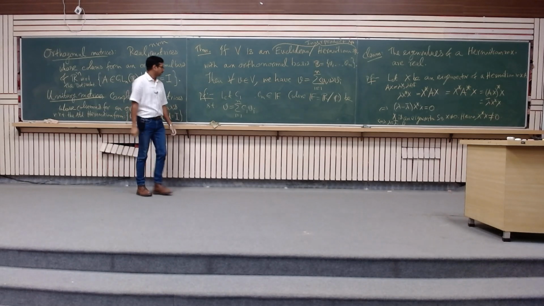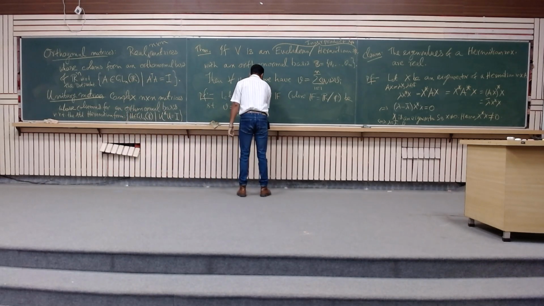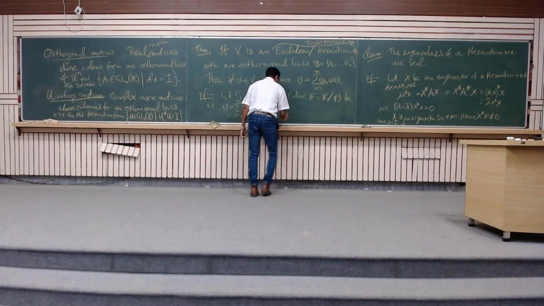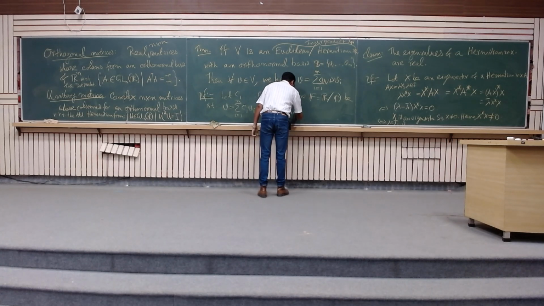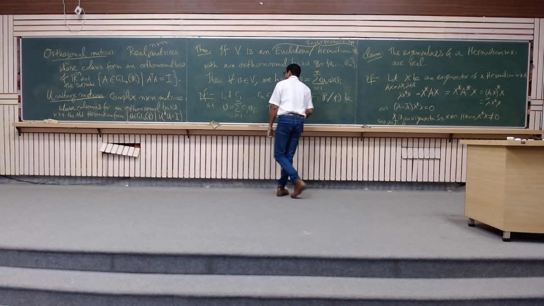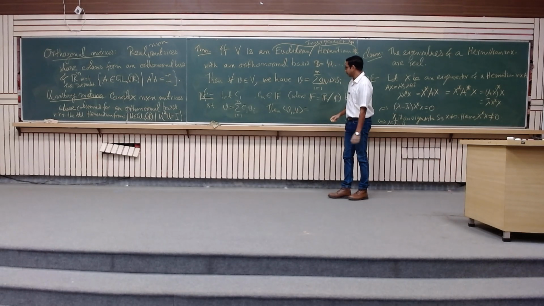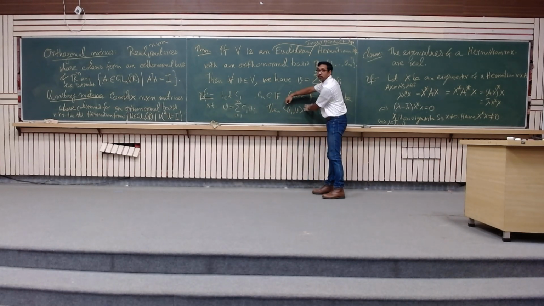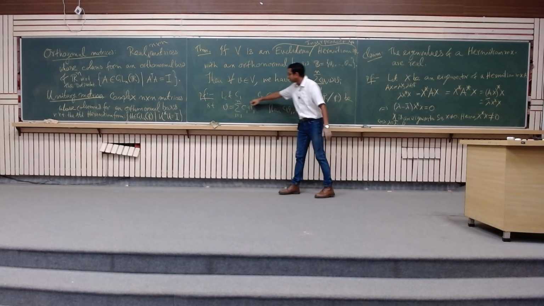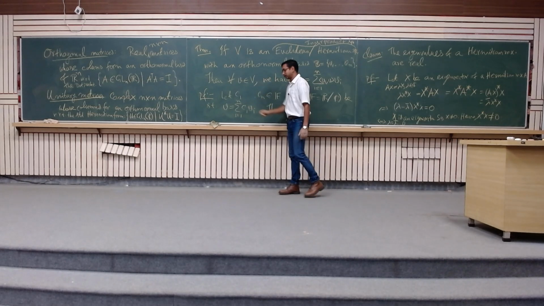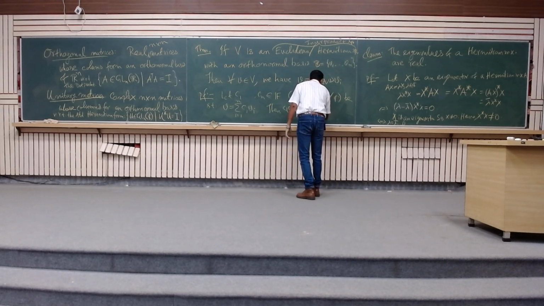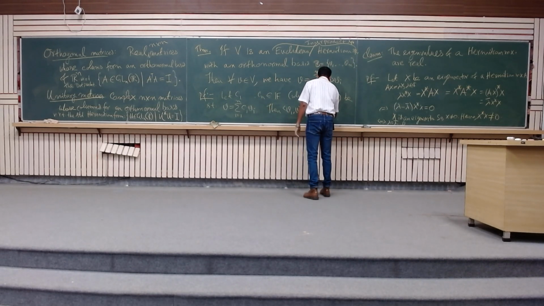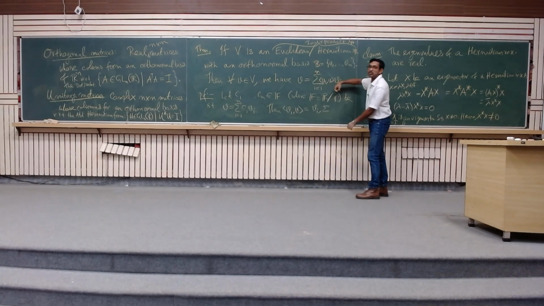Then consider Vi, comma V. What will it give? It's just an inner product. Because you don't know whether it is R or C, we are just working with this notation.